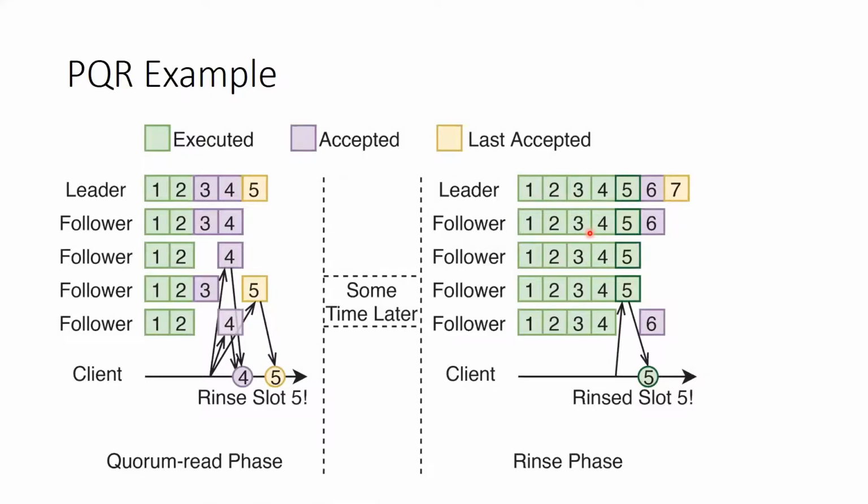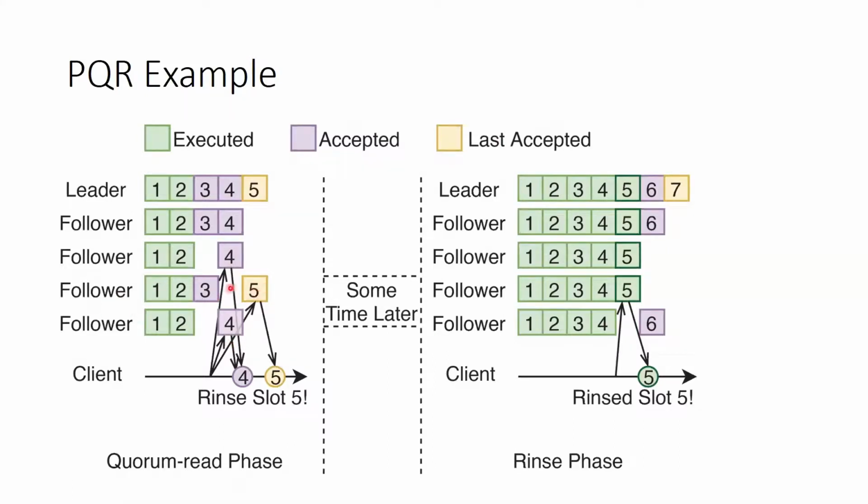Yeah, so this is the example of how this two-phase PQR works. The green one is the executed slots. The purple one are the slots being accepted right now. 5 is the last accepted. So if the client is going to read from, let's say, some quorum of followers, it may read 4 and 5.